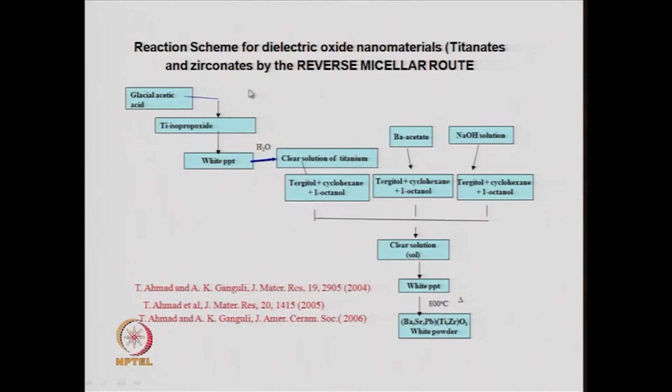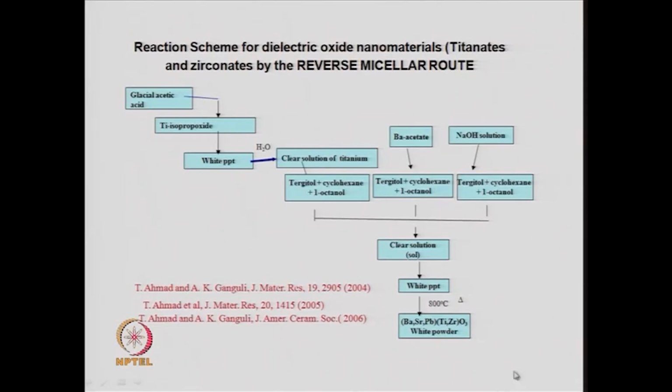To make a titanate like barium titanate BaTiO3, or strontium titanate or lead zirconate, this process can be used, and this has already been done in very great detail and published in the papers mentioned here.